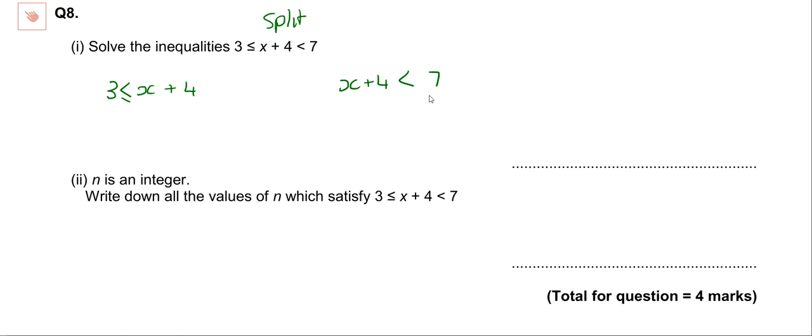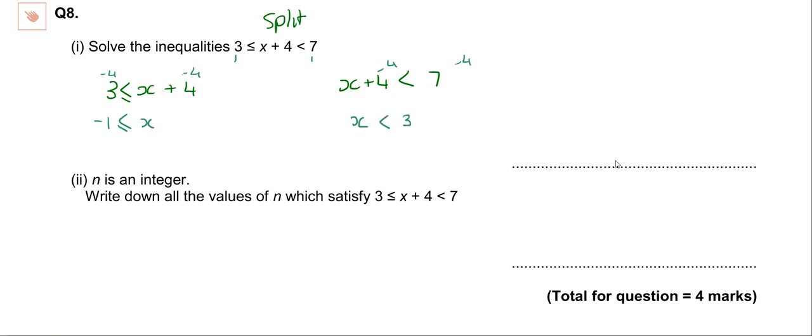So, when you've got an inequality with two limits, one below, one above, the idea is that we split it and do them both separately. So then we've got -4, so that gives -1, so I've got x must be greater than -1, and over here -4, so I've got x is less than 3.